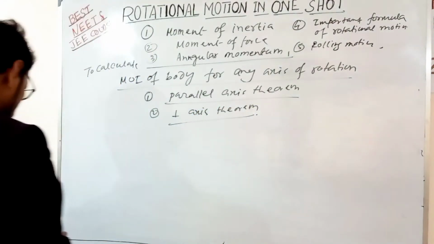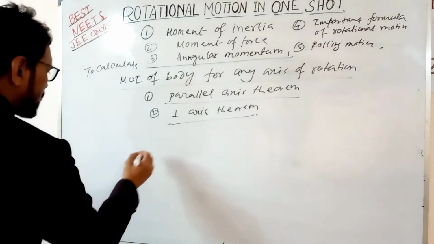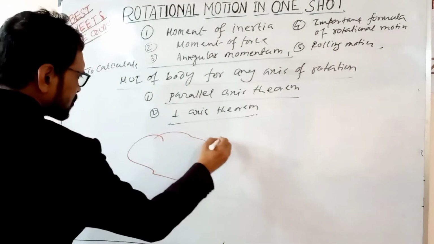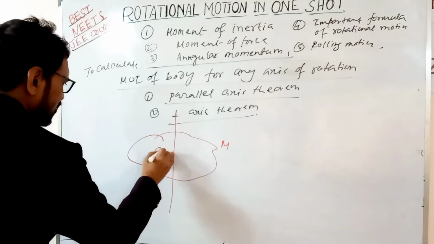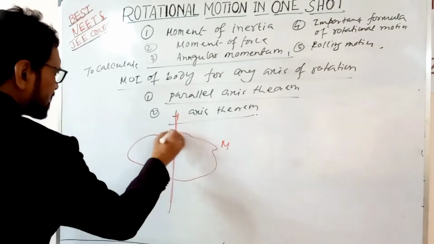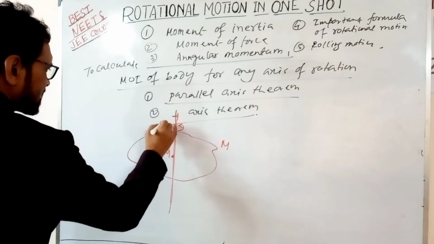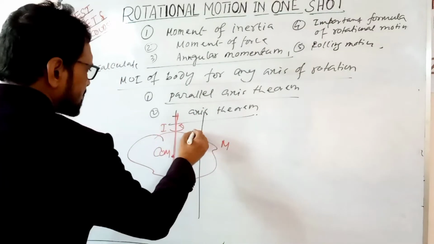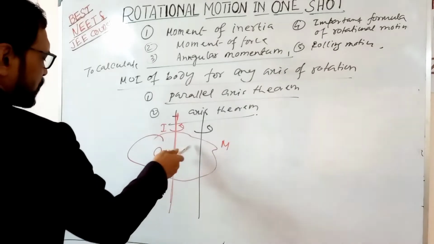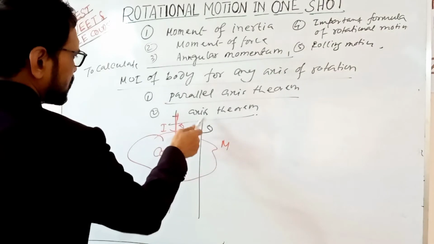Now what is the parallel axis theorem? Suppose this is a body, and the mass of the whole body is m. This is the center of mass, and the moment of inertia about this axis is I. Now we require the moment of inertia of the whole body about this other axis.